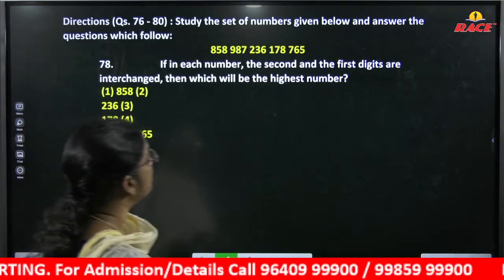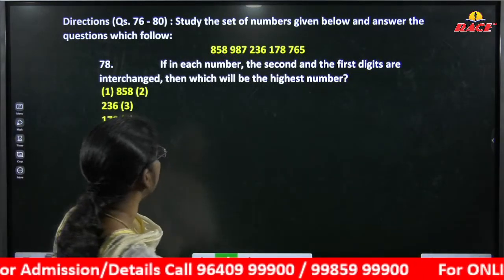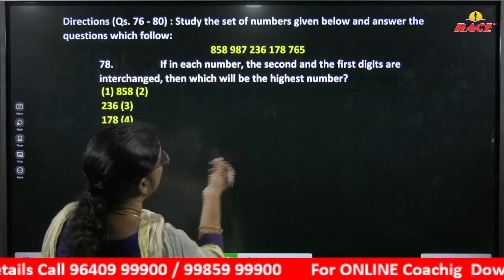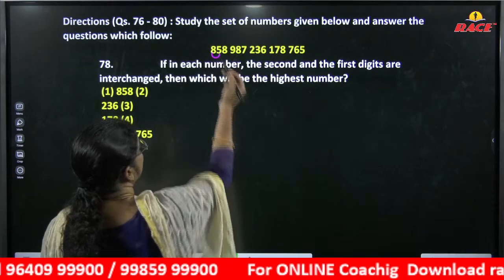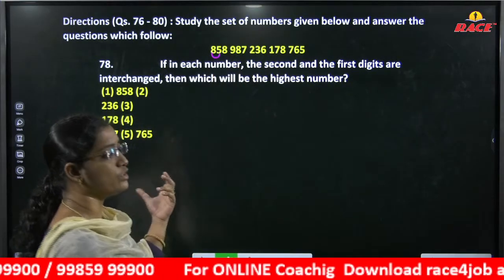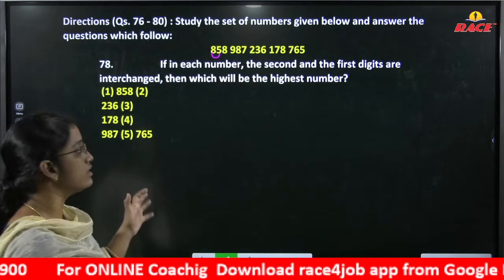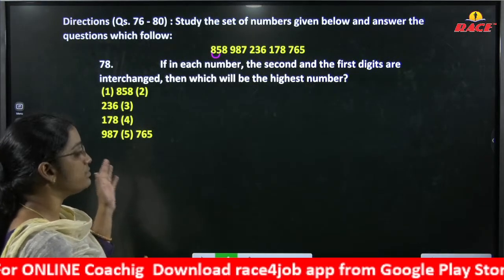If in each number the second and first digits are interchanged, then which will be the highest number? Here we use the same concept. To decide which number is highest or lowest, we observe the first digit.